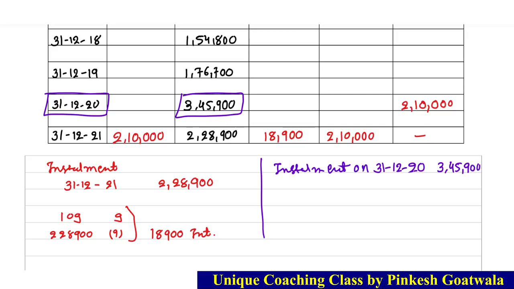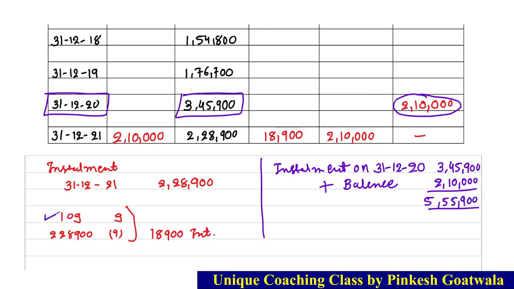Now remember what you have to do: you have to add the balance in it, that is 2,10,000. So you will get 5,55,900. Then the rate of interest here is 9%.